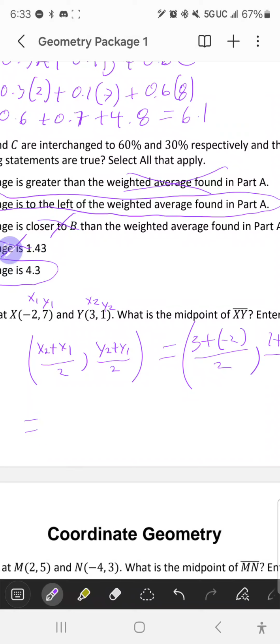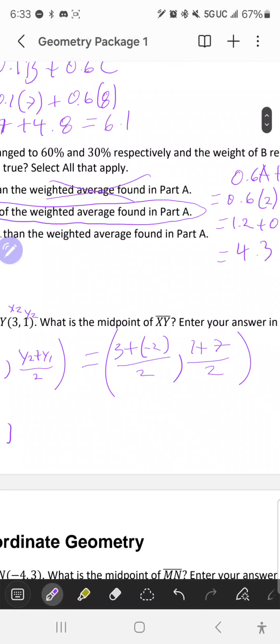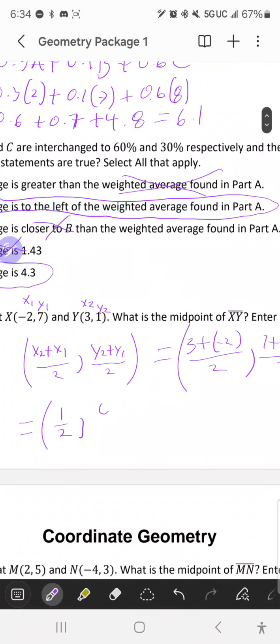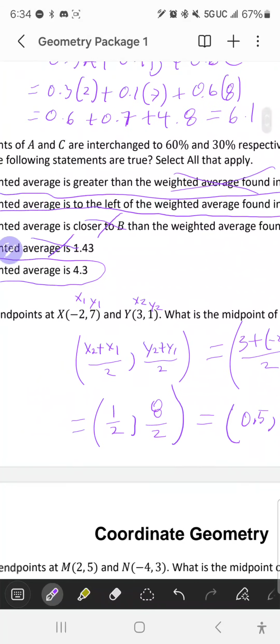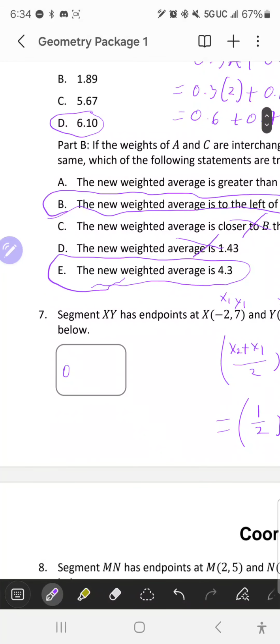And since 3 has a positive sign, our result is going to be positive. So 3 minus 2 is 1, so we get 1 over 2, comma, 1 plus 7 is equal to 8 divided by 2. So we get 0.5, or you can leave it as a fraction if you want. 0.5, comma 4. And that's our midpoint.